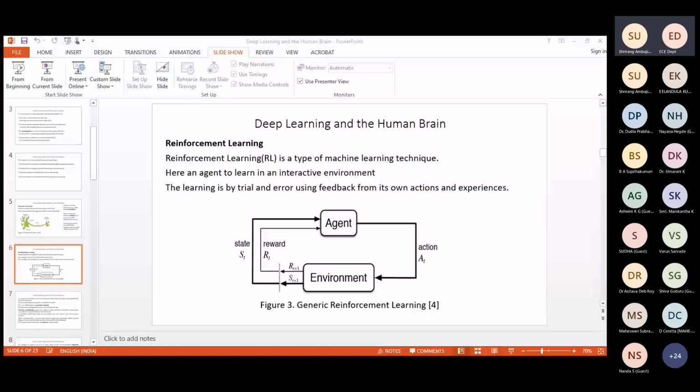So the signals released by dopamine and temporal difference learning go hand in hand. That was a significant discovery. This was about our traditional reinforcement learning algorithm called temporal difference learning.